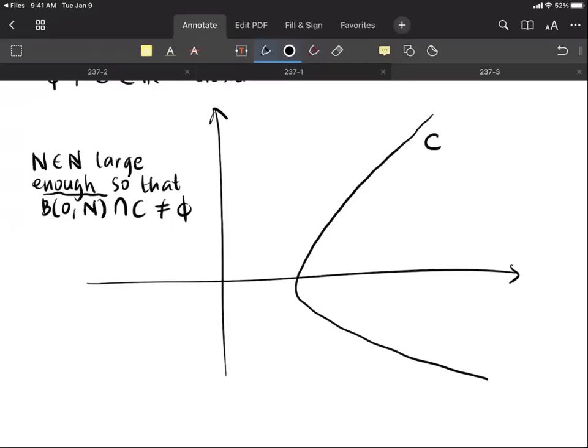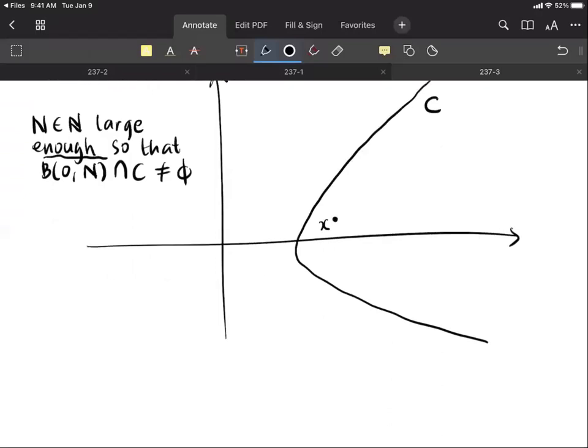So what you do is you take a particular point x, and then you can take the largest integer N such that N is greater than or equal to the norm of x, and that would guarantee that this is indeed non-empty.